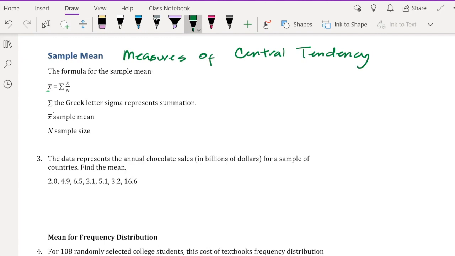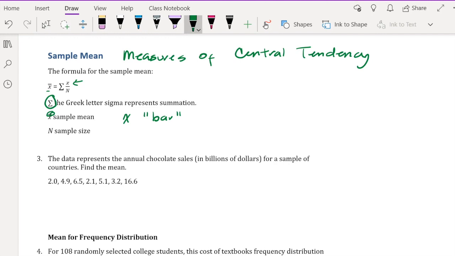That little line on top of the x, we call x bar, kind of like the bar on Friday night. I'm joking. This odd looking E is the Greek letter sigma, and it represents summation. So that tells you that you need to add all of the x's that you have, basically. And n is going to represent the sample size.